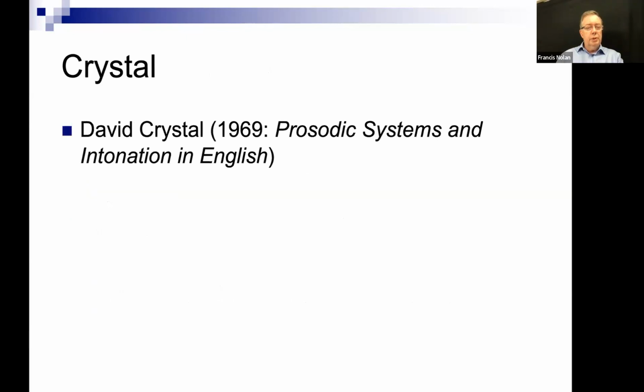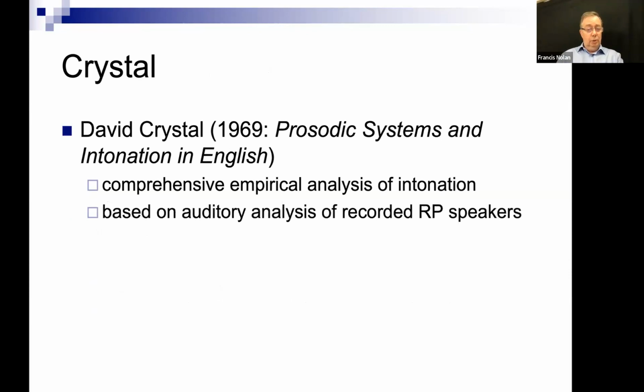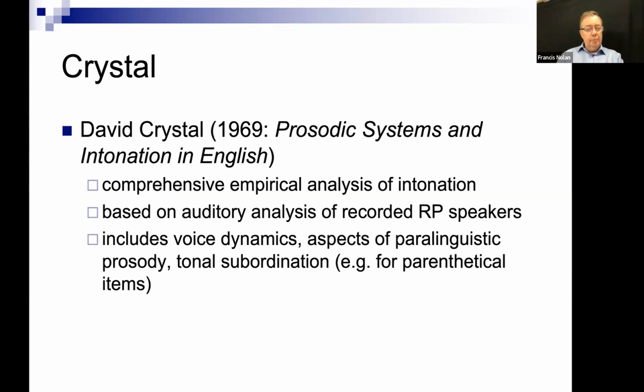Crystal is different. David Crystal's Prosodic Systems and Intonation in English is an empirical analysis of intonation based on auditory analysis of recorded speakers of RP, received pronunciation British English. And he kind of takes up the baton from Steele.